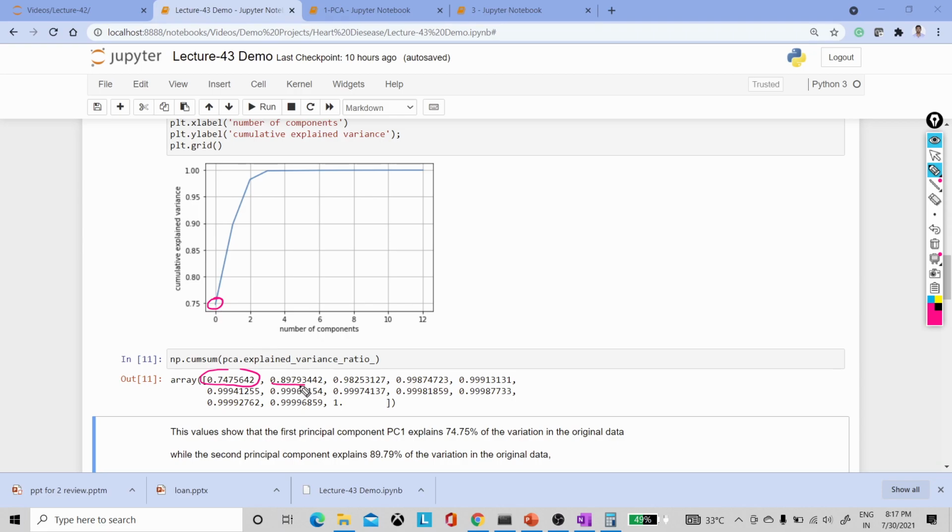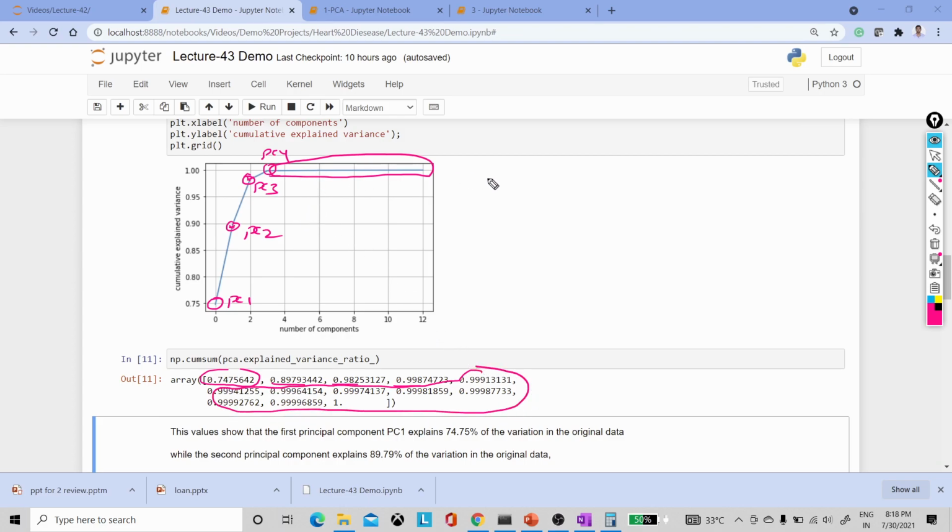At PCA 2 it is 89, and the third component is 98. So this is PC3, PC2, PC1. From the fourth point, this is PC4. From PCA4 onwards we are getting the same kind of result.